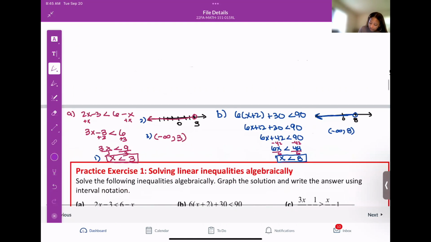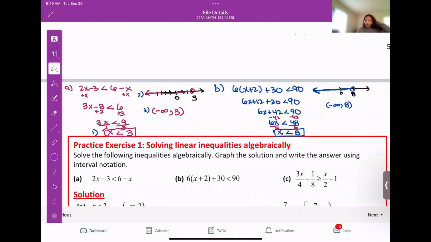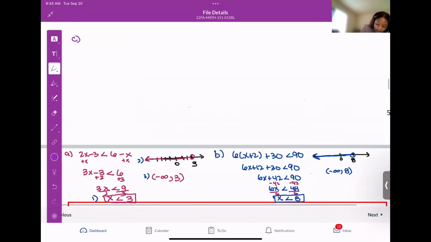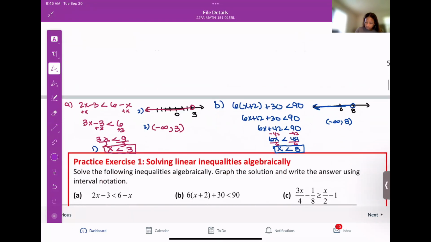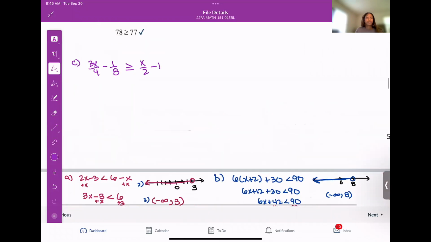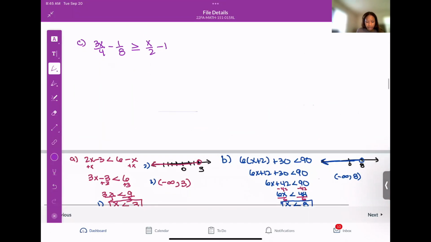All right, so for C, we'll start here. The problem was 3x over 4 minus 1/8 is greater than or equal to x over 2 minus 1. Let me double check that, make sure I didn't make any typos. All right, so from here, just like we did when we had equations that include fractions, we can clear the fractions by multiplying everything by the LCD.